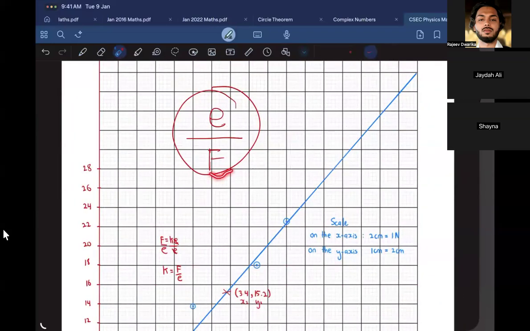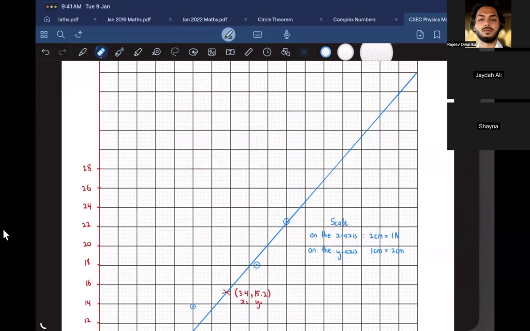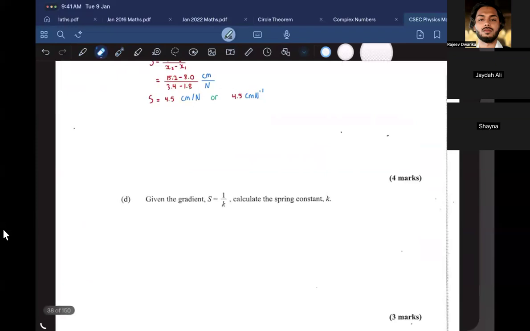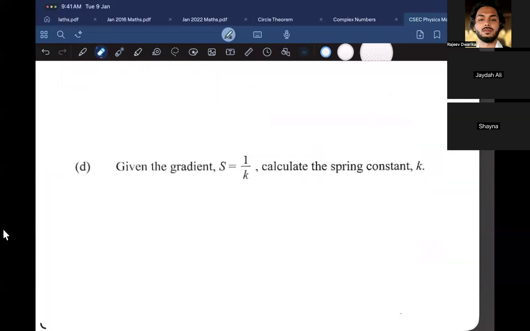Raising something to the power -1 just simply means you're inverting it. Look at this, Jada, I'll even tell you. Look what it's telling you. Given the gradient, S is equal to 1 over K. Isn't that just the inverse?